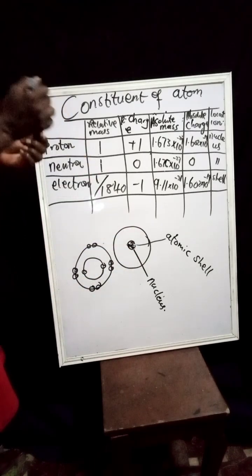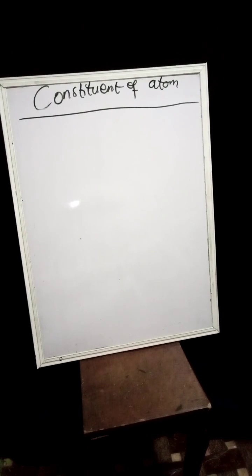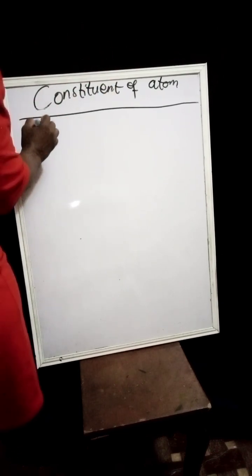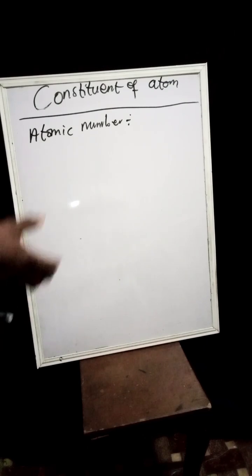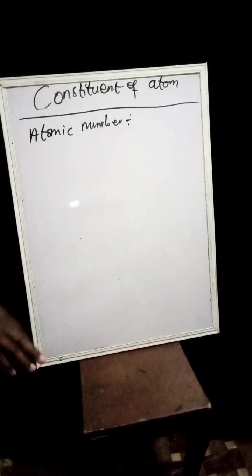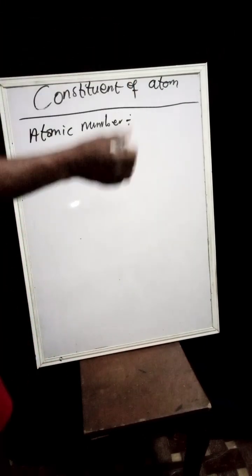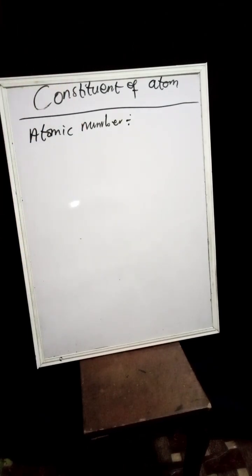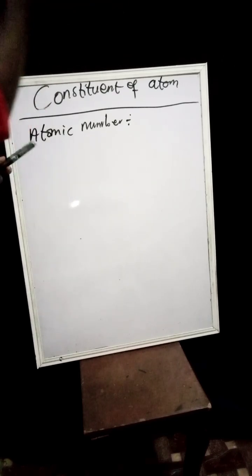Okay. Now let's look at atomic number. Since an atom is electrically neutral, it means that the number of protons must be equal to the number of electrons such that they can cancel each other.